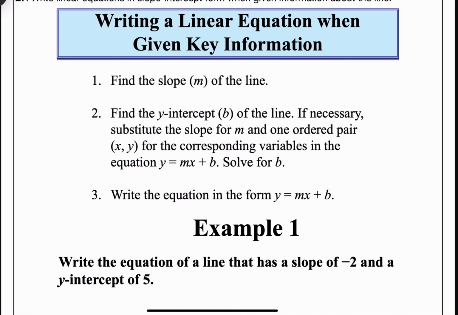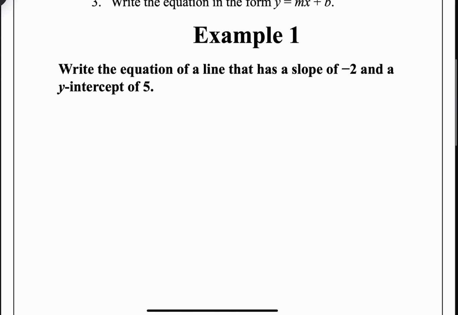So if it's necessary, we'll substitute the slope for m and then use one of the ordered pairs that we might be given for the corresponding variables in the equation y equals mx plus b. We'll look at how this works in just a second. And then we just solve for b, and that's how we find out our y-intercept. Once we know our slope and our y-intercept, then we can write the equation in the form y equals mx plus b. So let's look at an example here.